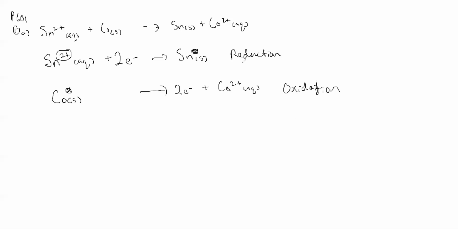And of course, as a result, you would say tin is the oxidizing agent, just for practice, and cobalt will be the reducing agent. It caused the reduction. Okay. Try the other questions. I'm going to move on.